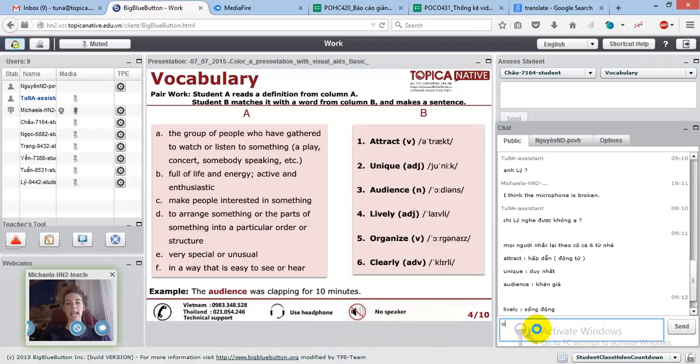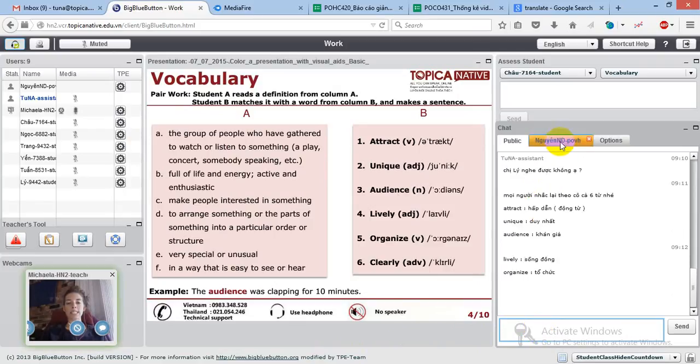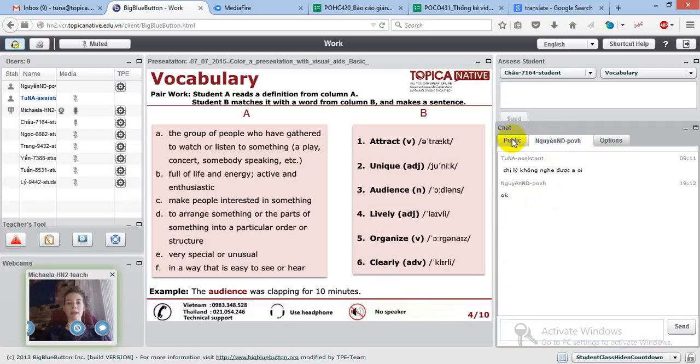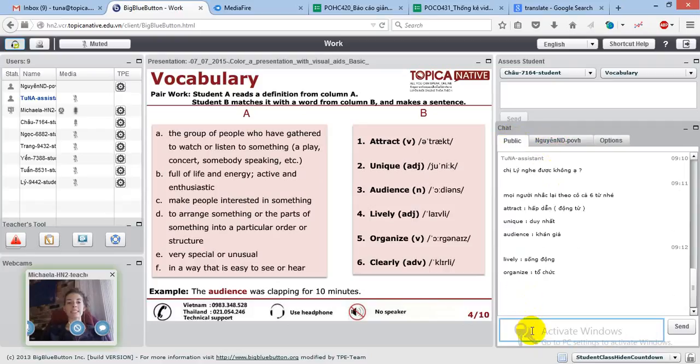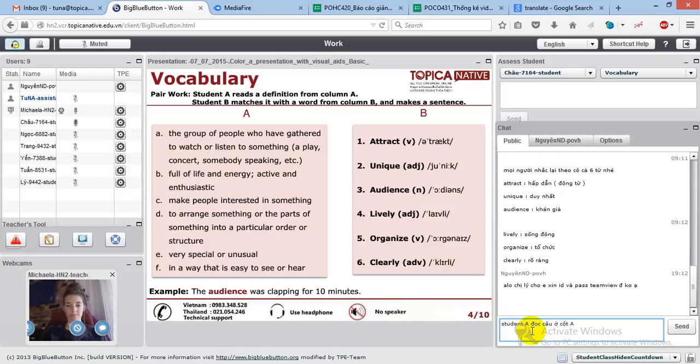All right, and Sal, can you please read the words for us and choose one definition to match with the correct word, please? Attract. Unique. Audience. Lively. Organized. Clearly. Excellent. Very nice.